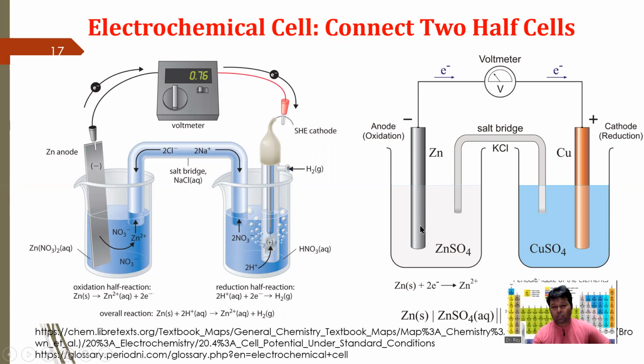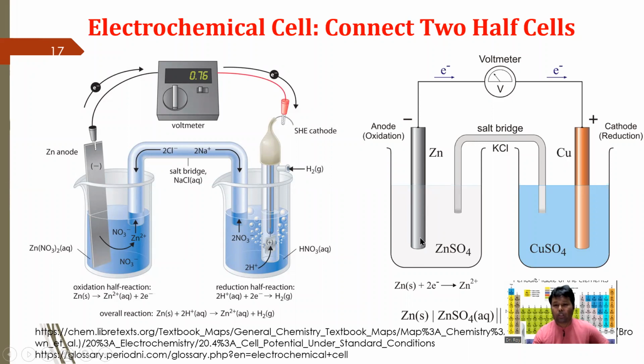When one atom of zinc releases 2 electrons, it decomposes as zinc 2+, and the 2 electrons pass through here. Every time 2 electrons pass through, one zinc atom dissolves into the solution.